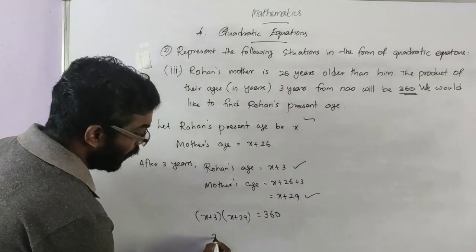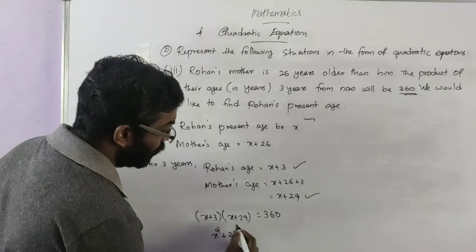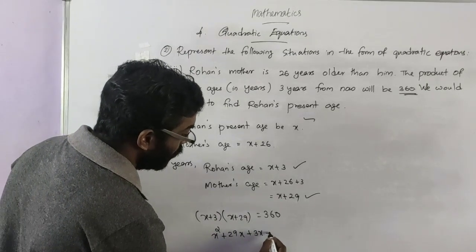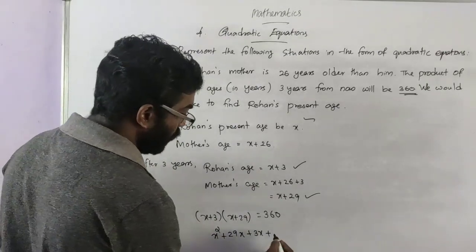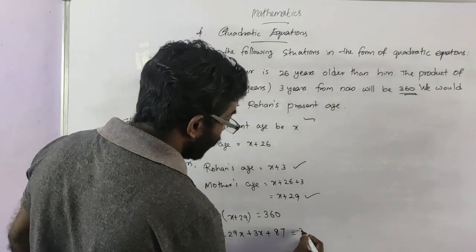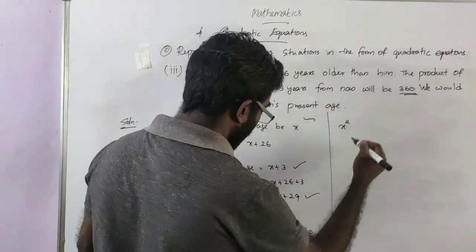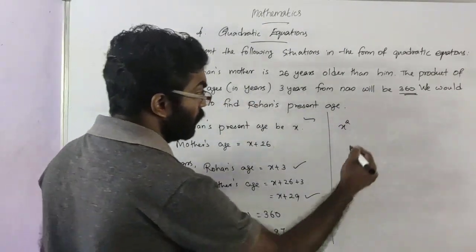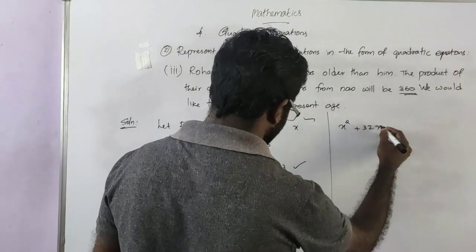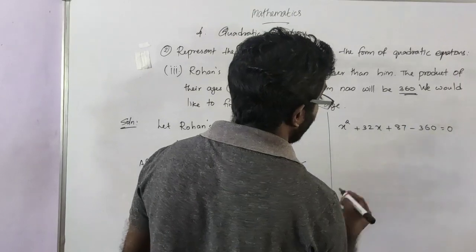Now we can multiply x into x, x square, then x into 29, 29x, 3 into x, 3x, then 29 into 3, 29 into 3 is 87, which is equal to 360. Now we can rearrange: x square plus (29 plus 3) 32x plus 87 minus 360 is equal to 0.